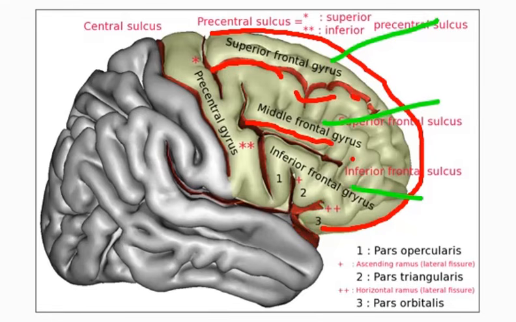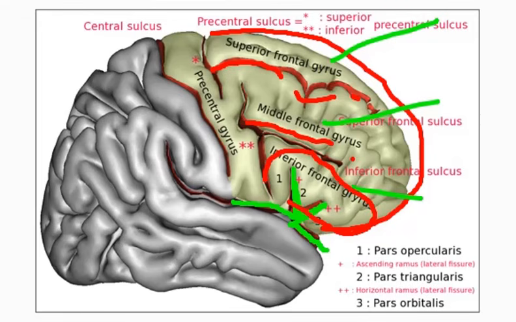As the lateral sulcus is traveling upwards, it gives an anterior ramus, an ascending ramus, and then a posterior ramus. So as that lateral fissure is traveling through the brain, it subsequently divides this inferior frontal gyrus into parts.